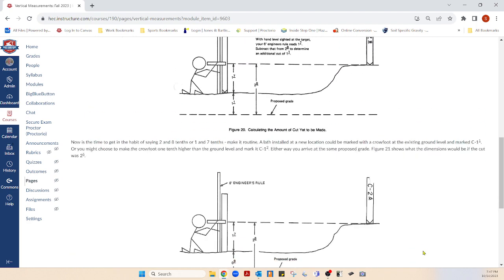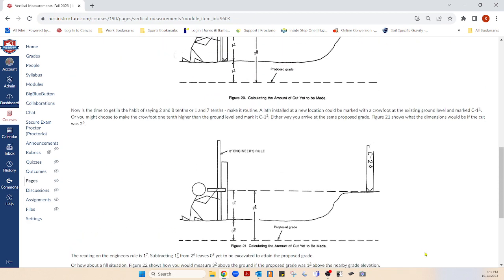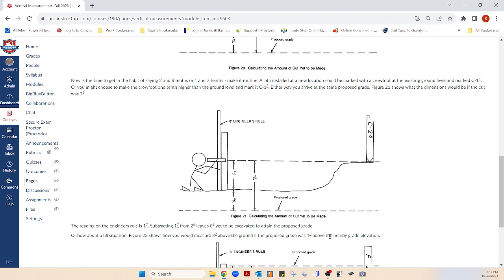Do we have a different one? Yeah. We have a cut here also from this point. Now, he can, I use the term, pull this point over to here using his engineer rule and make a mark.